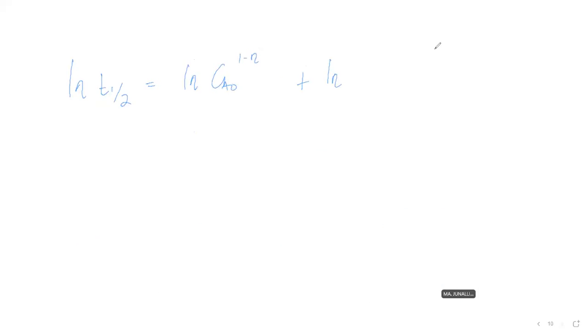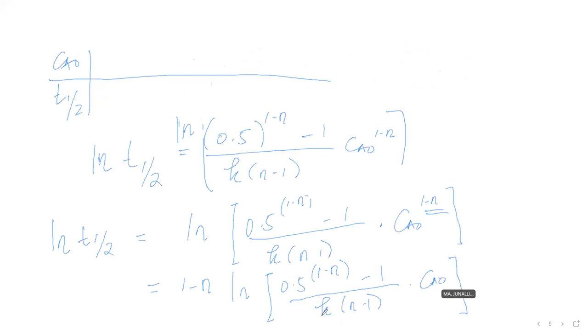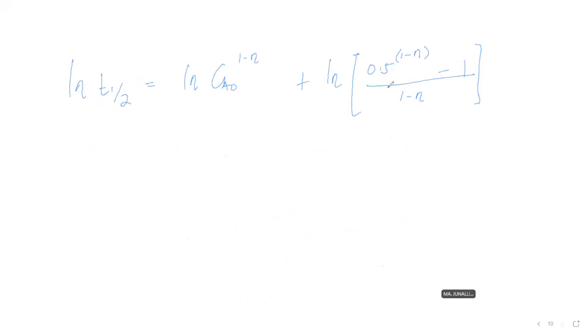So I will have here 0.5 raised to 1 minus n minus 1 all over, I think, 1 minus n. I have very poor memory, so 1 minus n. Let me check. You have here k over n minus 1. Suli. So I will have negative k, like that.